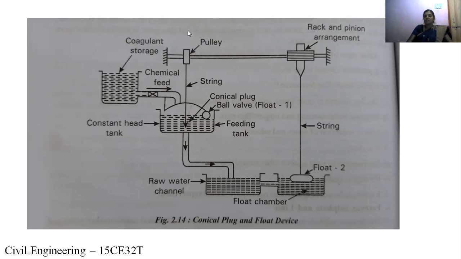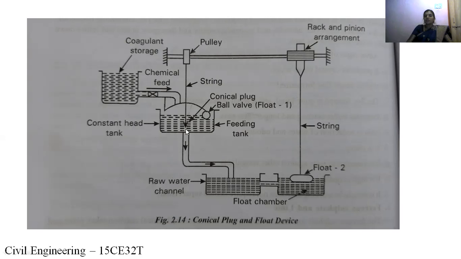As the float rises, the pulley closes the mouth of the feeding tank, this plug closes the mouth of the feeding tank. As a result, the coagulant present in the coagulant storage tank will be coming to this constant head tank.